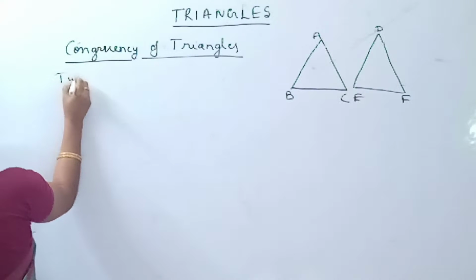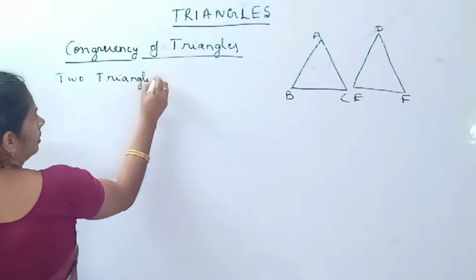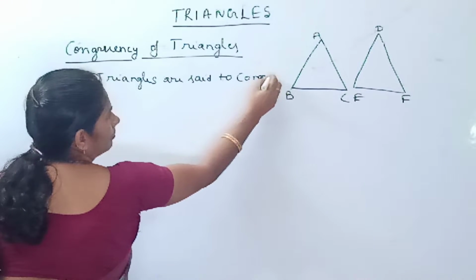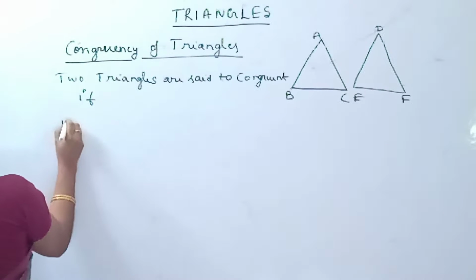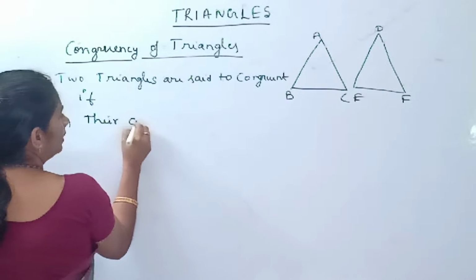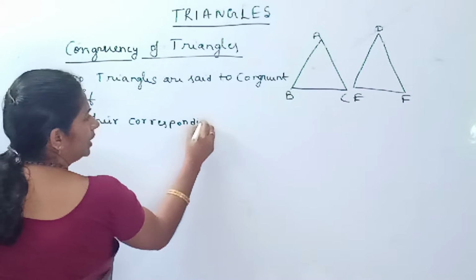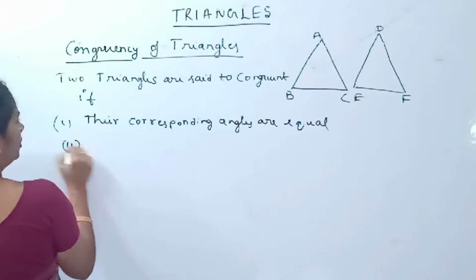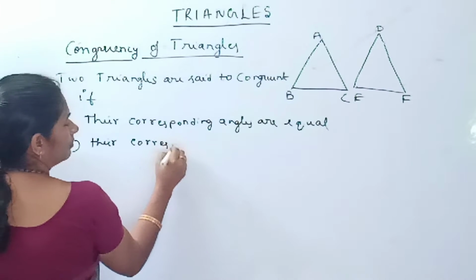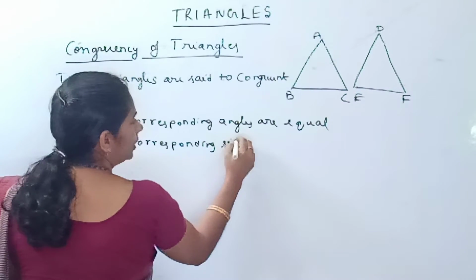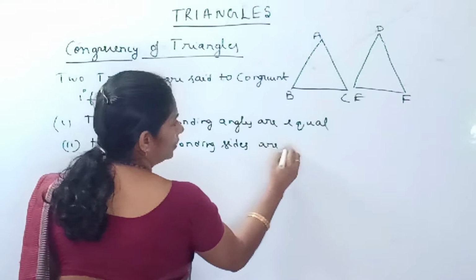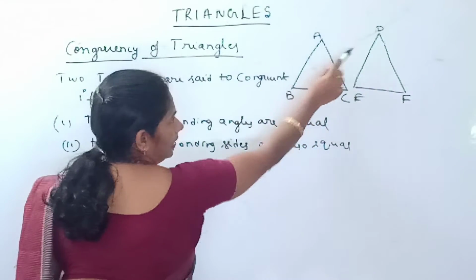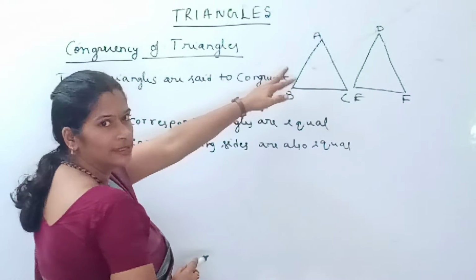Two triangles are said to be congruent if, first condition, their corresponding angles are equal, and second condition, their corresponding sides are also equal.